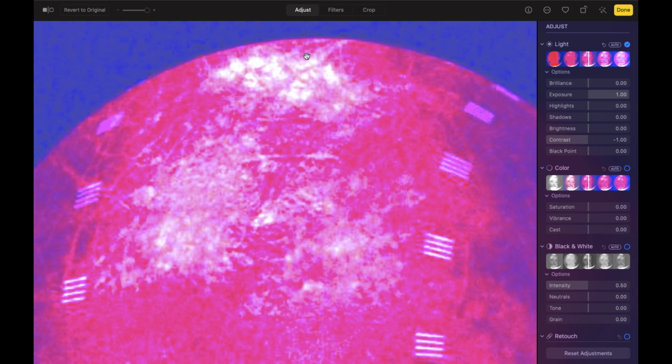Is this some type of civilization under the ice of Europa that we're looking at right now? And is this a liquid type of substance under the ice that we're looking at right now? It's one area here.